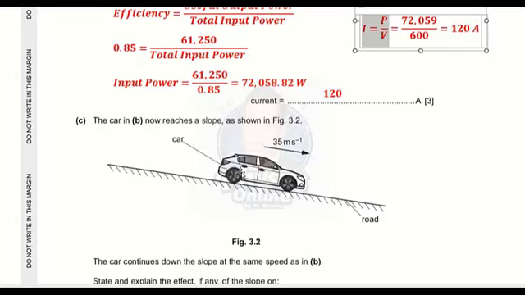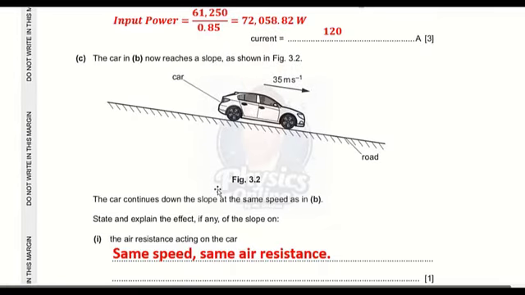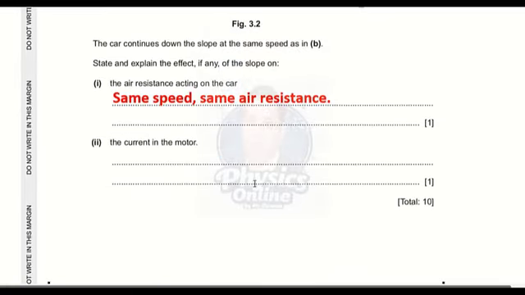So we need to decrease the power to reach the same constant speed of 35. The motor produces less power to maintain the same speed. With the help of gravity, we reach the same speed.